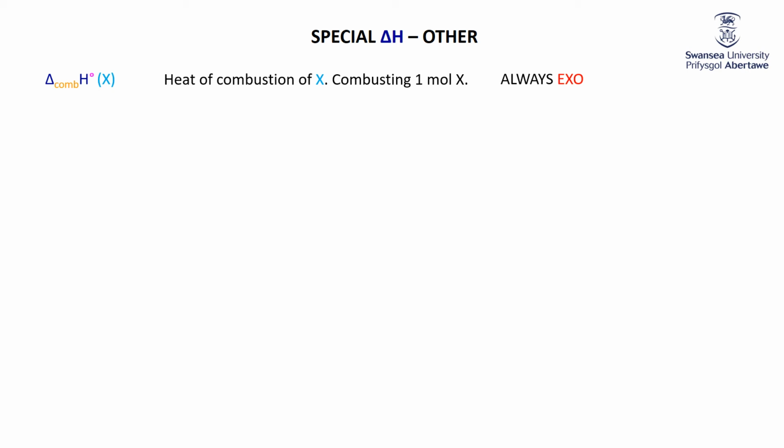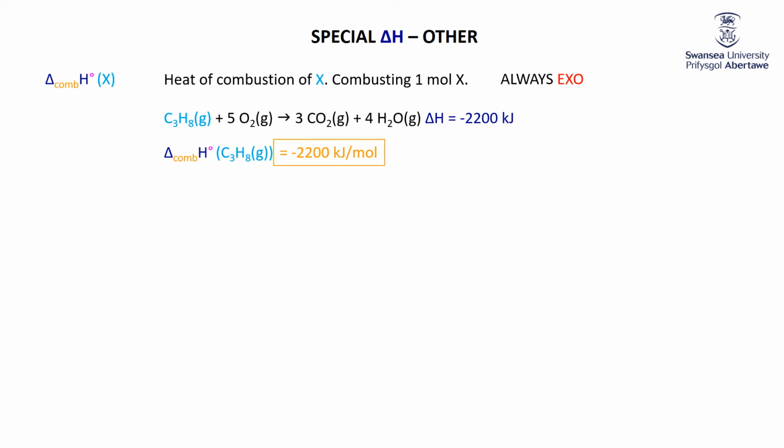Now a little teeny twist here. If we look at this reaction associated with the combustion of propane, I'll tell you that delta H is minus 2200 kilojoules because the equation as written is 1 mole of propane. That means that the heat of combustion of propane is minus 2200 kilojoules per mole. But let's go back to the heat of combustion of butane that we talked about earlier, where the delta H was minus 5600 kilojoules.